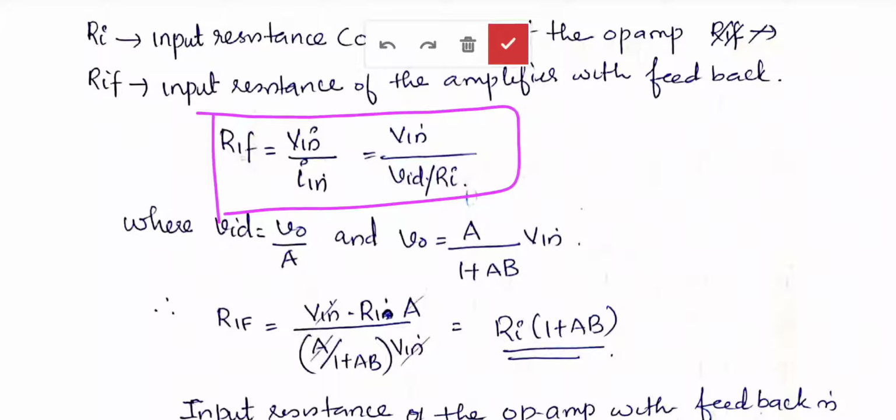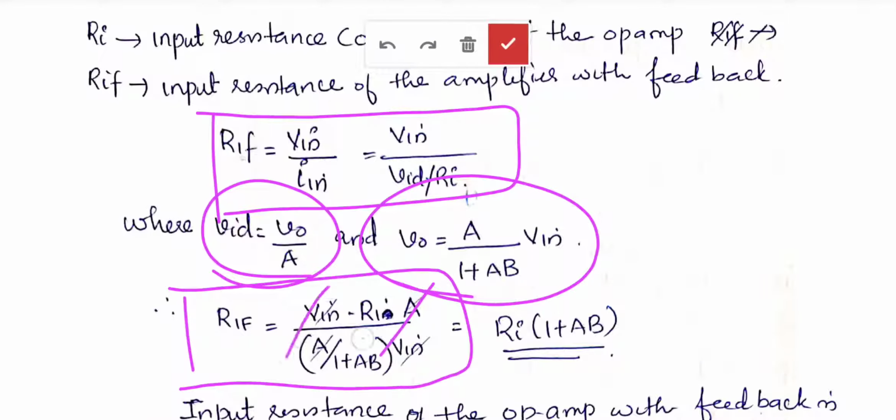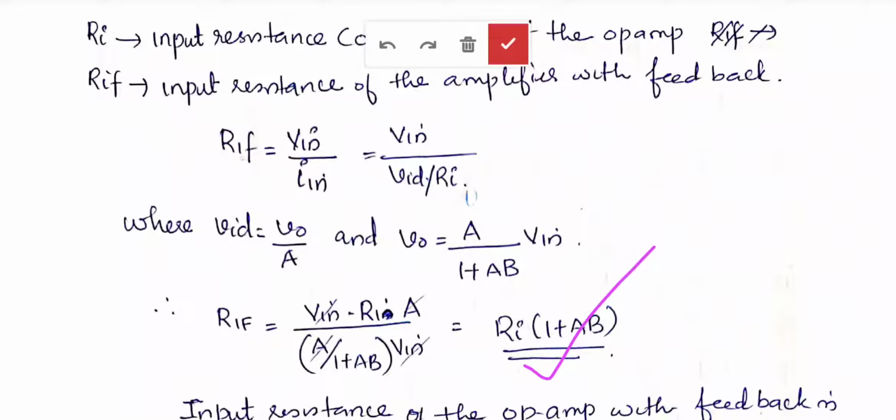The remaining equations we have seen before. VID is nothing but VO by A, and VO is equal to A by 1 plus A beta into Vin. Substituting these, RIF is equal to Vin divided by VO by A, with VO replaced by A by 1 plus A beta into Vin. The A and Vin in the numerator will get cancelled, and what remains is Ri into 1 plus A beta.